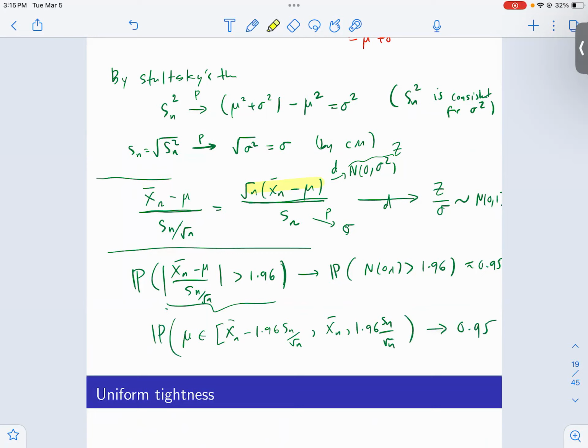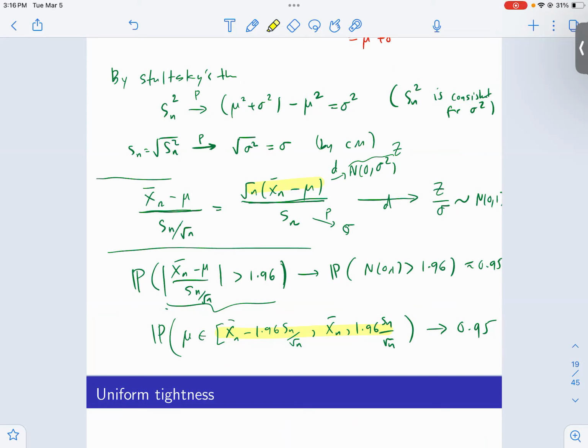So this would be called an asymptotic confidence interval at this level. It's a random set that contains the desired value with the right probability asymptotically. You can see the length is controlled by this standard deviation, and it's very similar to your t statistic, but if you do it with t, this 1.96 would be something different based on the quantiles of the t.